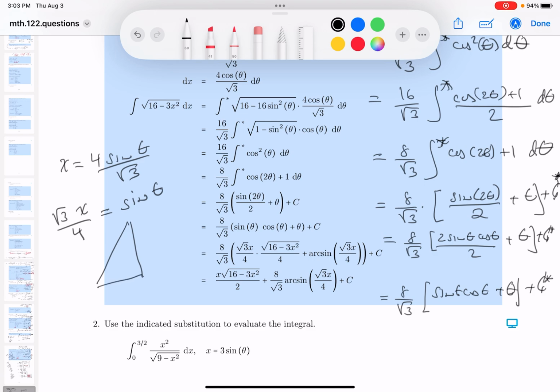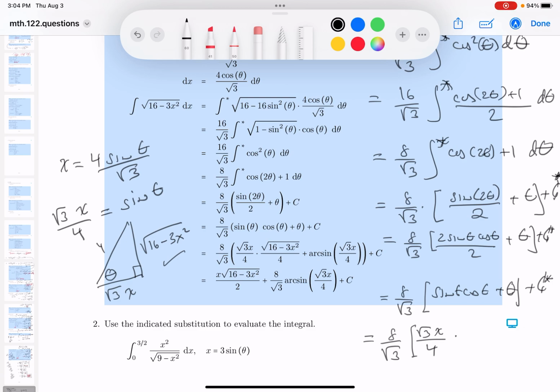I'm going to draw a little triangle over here. This helps me out a little bit. This will be theta, and the sine of theta is root 3 x over 4. The hypotenuse is 4, and by the Pythagorean theorem the other side is the root of 16 minus 3x squared. Let's write this down. This is going to be 8 over root 3. Sine theta is going to be root 3 x over 4. The cosine of theta, I'm looking at this picture here.